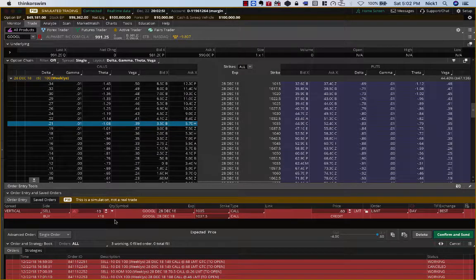And a credit spread because we're selling the 1035 and buying the 1037.